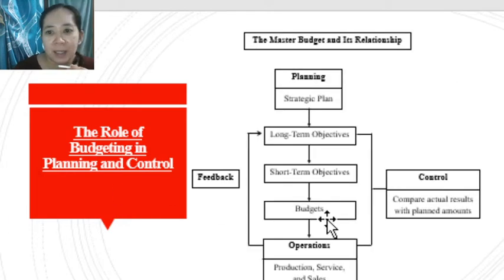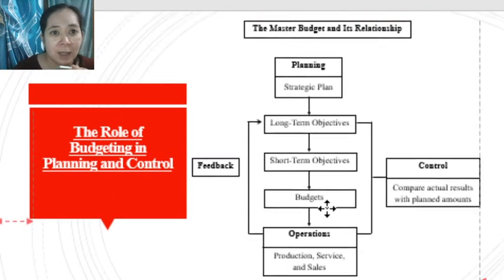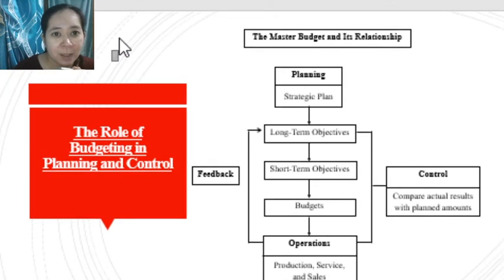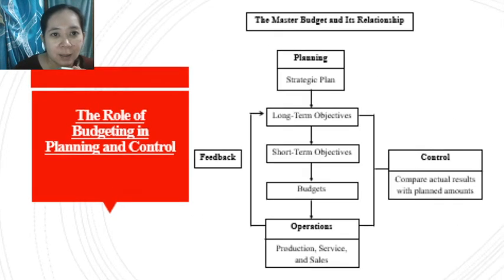Okay, so in here we have the master budget, that shows the relationship also of the different functions of management. Here we have planning.